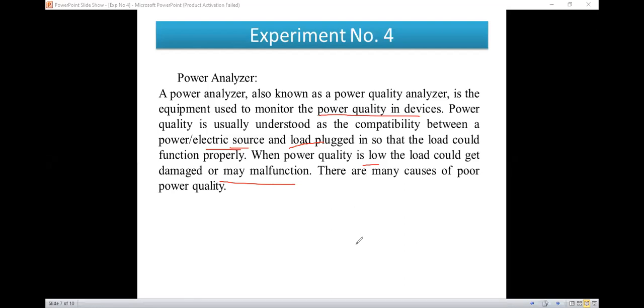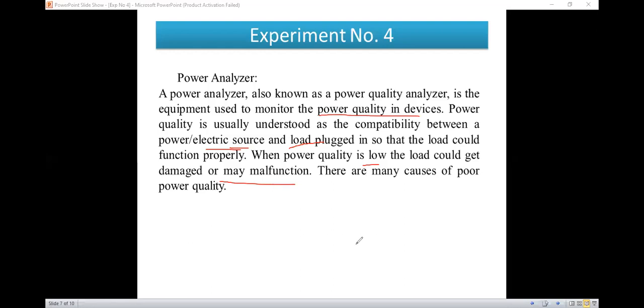Suppose for example, the power quality is lost when non-linear load equipment is connected. Okay, can anyone tell me which are the non-linear load equipment? Non-linear load.